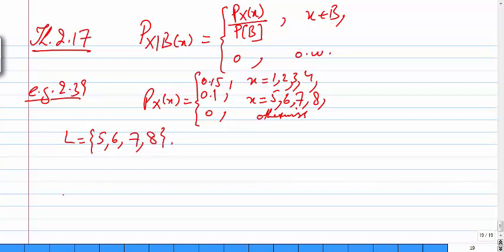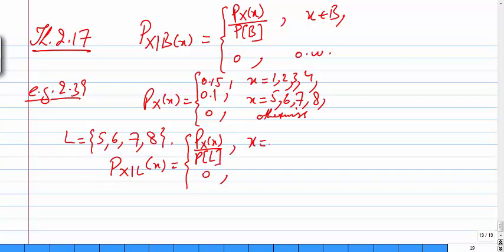Now we have to find the PMF given L, which is equal to the PMF of x divided by the probability of L, for x equal to 5, 6, 7 and 8, and 0 otherwise.